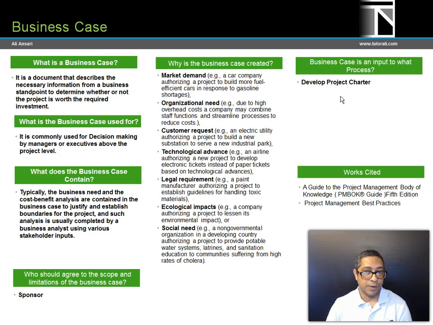So the answer over here, it is an input to developing the project charter. So while developing the project charter, we will take the business case as an input and design the project charter on that basis.